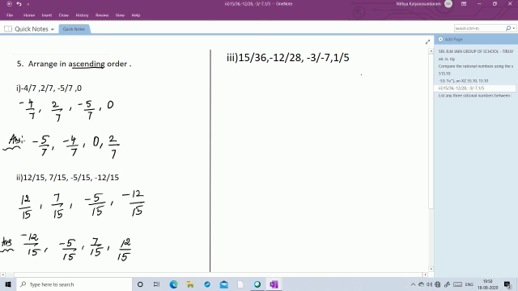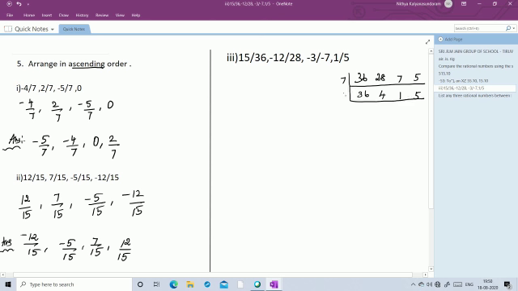So take the LCM of 36, 28, 7 and 5. So 7 table, we can take 36, 7 fours are 28, then 5.